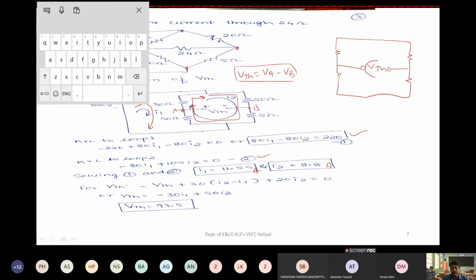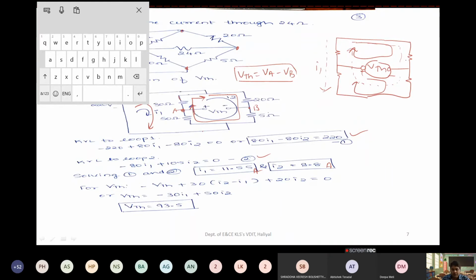You can assume it like a voltage source, virtually imagine, with these polarities plus and minus. We already know the current I2 is flowing here and I1 is flowing here. So you can find VTH just by applying KVL to this path or to this path, any one path.